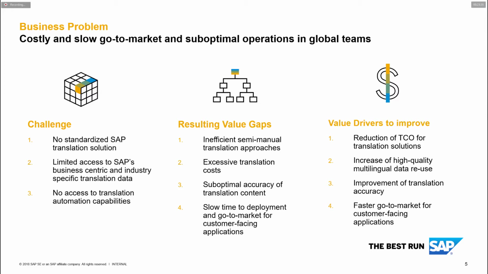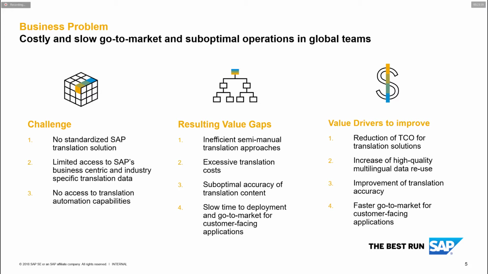So where can we drive value with our hosted business service SAP Translation Hub, including translation software on the one hand side and translation content, data for reuse on the other side on the SAP Cloud Platform? First of all, we can reduce total cost of ownership for our customers and partners for their SAP software extensibility challenges.